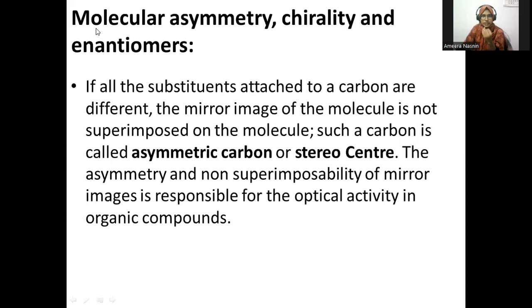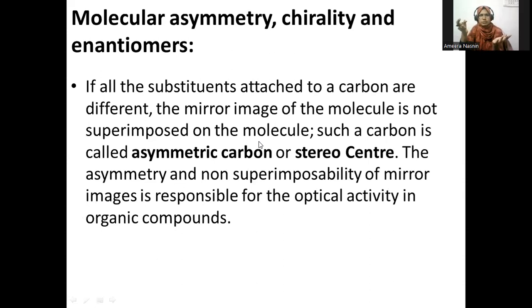Okay, now let's talk about molecular symmetry, chirality, and enantiomers. If all the substituents attached to a carbon are different, the mirror image of the molecule is not superimposed on the molecule. Such a carbon is called asymmetric carbon. So we know that a carbon has a valency of 4. If all four groups that are attached to this carbon are different, then its mirror image cannot be superimposed.